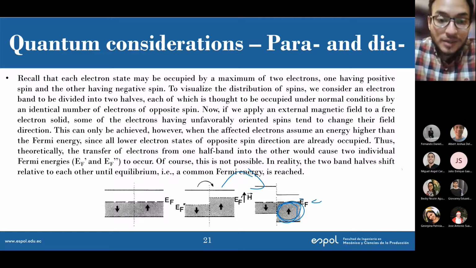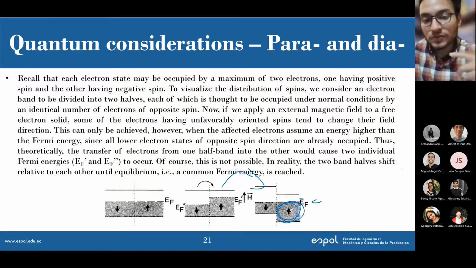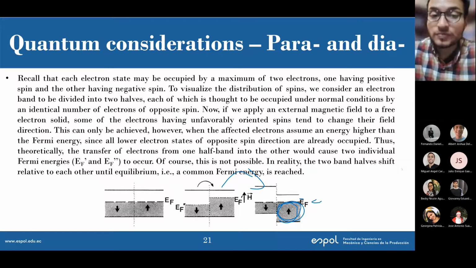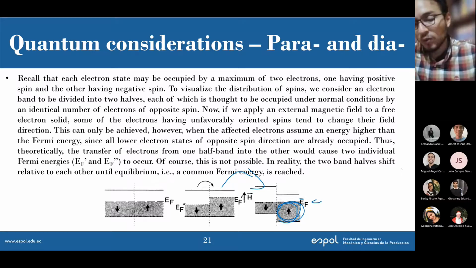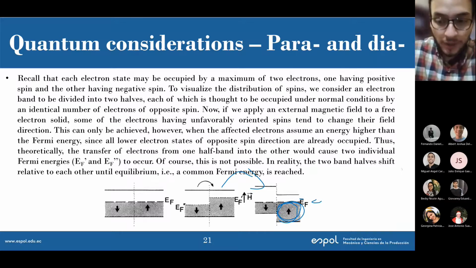And why most metals do not obey the Curie-Weiss law? So these concepts will actually allow us to understand why certain things that we expect in materials with respect to paramagnetism do not occur or occur in a different way.